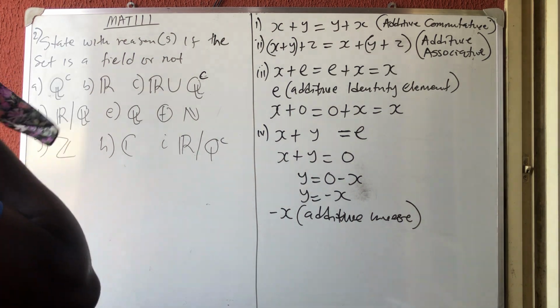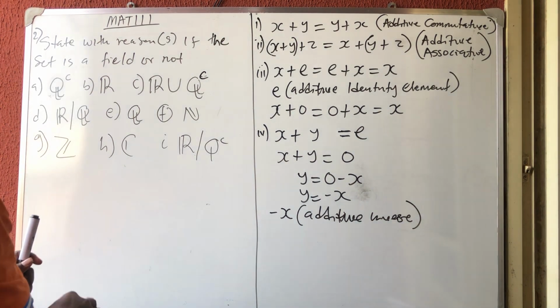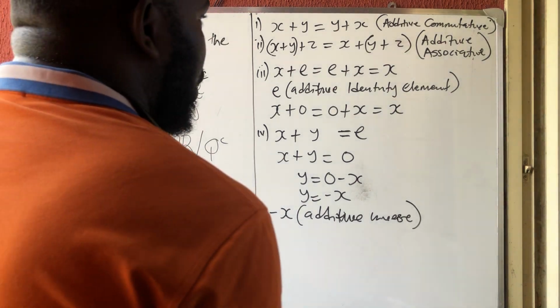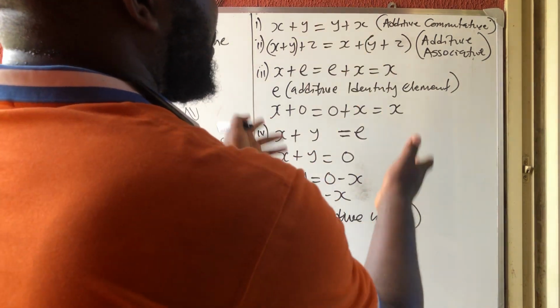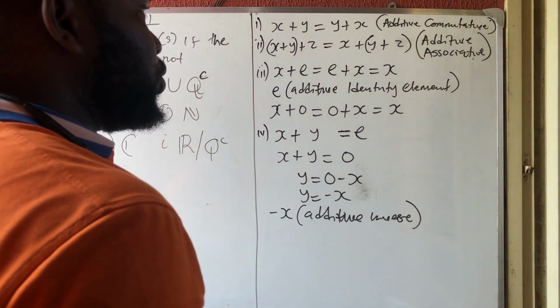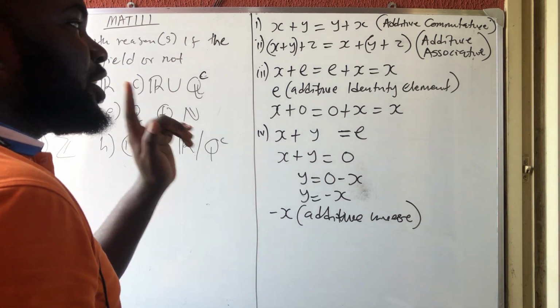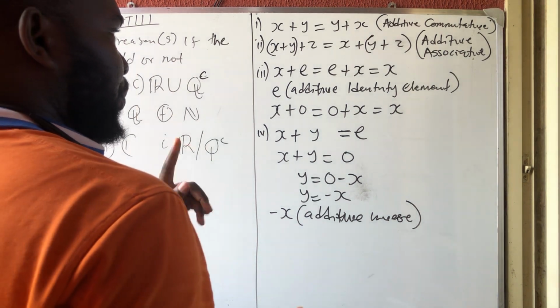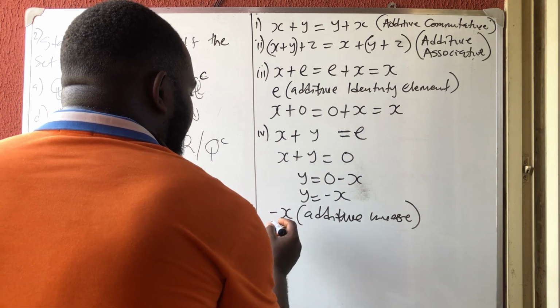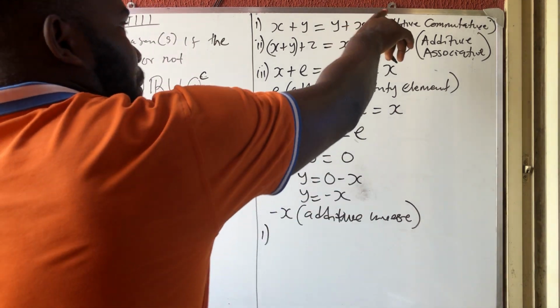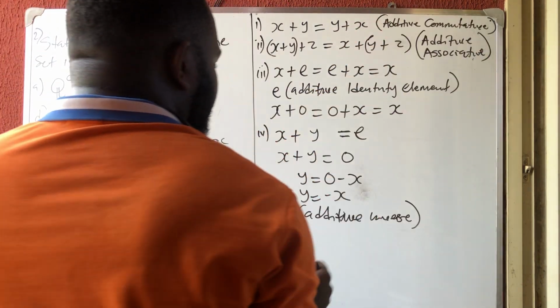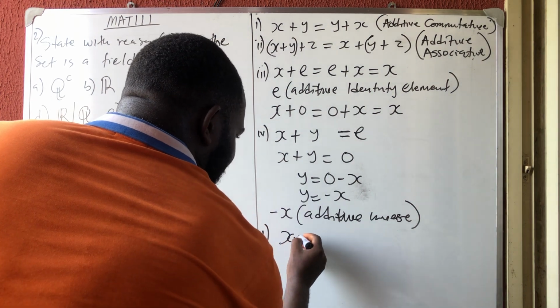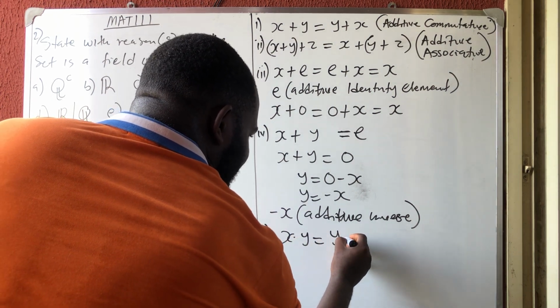So all these things I'm showing you are properties of a field. These are all addition properties. For it to be a field, it must pass two things: addition and multiplication properties. For multiplication, it is the same thing. Multiplicative commutative means x times y must give you y times x.